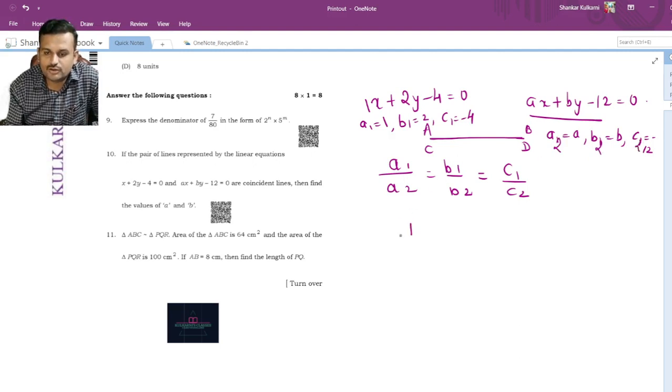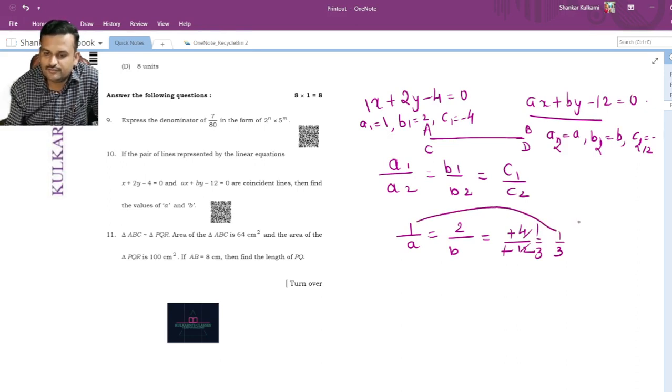So a1 by a2 means 1 by a is equal to 2 by b, that's equal to minus 4 by minus 12. When you simplify, minus minus will become plus. 4 ones are 4, 4 threes are 12. So the answer is 1 by 3. Now we will compare 1 by a with 1 by 3. Easily we get a is equal to 3.